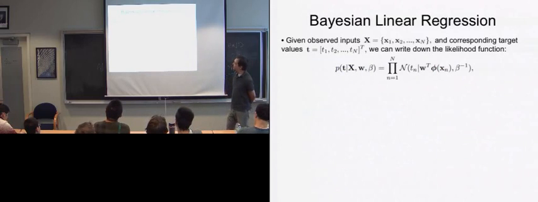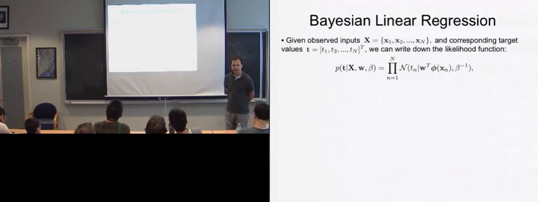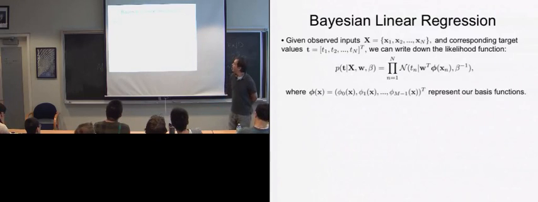Now let's look at the Bayesian linear regression model. Here's one example. This is one of the simplest examples where we can make things tractable. Given observed inputs x1 to xn, and the corresponding target values, you can write down the likelihood function. This is something that we've seen in our last class, under the IID assumption.